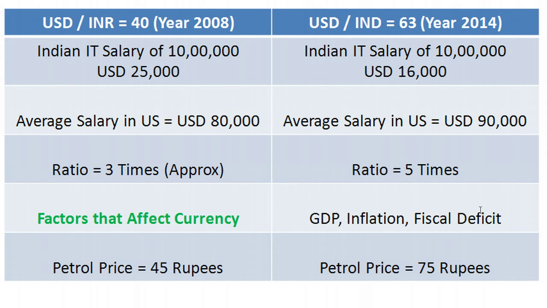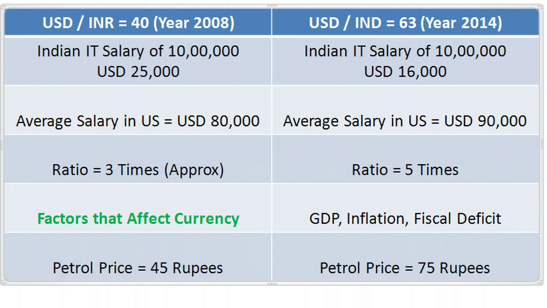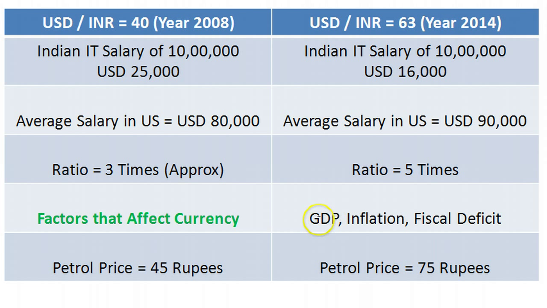When I talk about USD to INR, the US and India each have their own GDP, inflation and fiscal deficit. A higher GDP supports your currency. Higher inflation is negative. Higher fiscal deficit is negative.